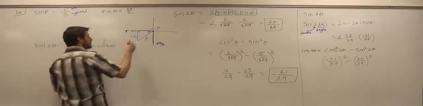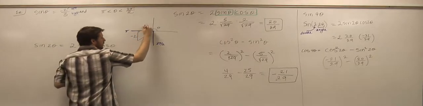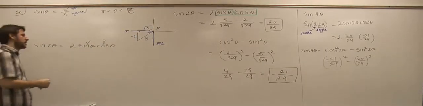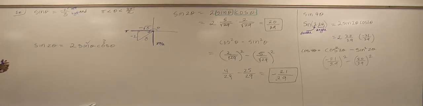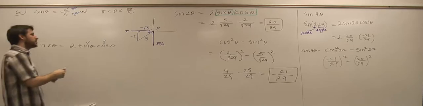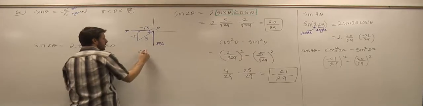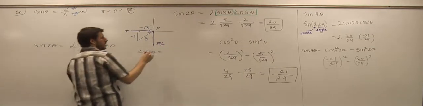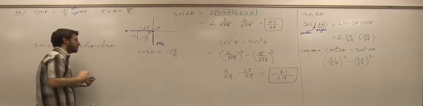Root 5, right, from the Pythagorean theorem, because you do 9 minus 4. Is it going to be positive or negative? Negative, because you're in the third quadrant. So from this picture, I can deduce cosine theta. Cosine of theta is negative root 5, adjacent over hypotenuse.